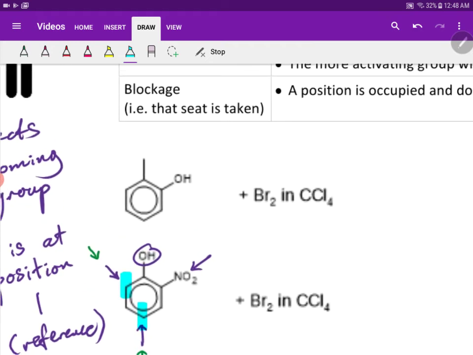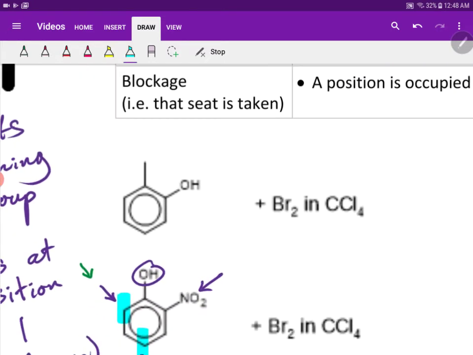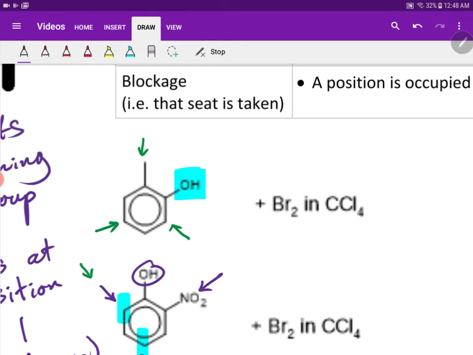The second idea is the idea of competition, where the two groups direct to different positions, and so the more activating group wins. You can see that in the first example, our OH here is going to direct to these three positions, but this methyl group here is going to direct to these three positions.